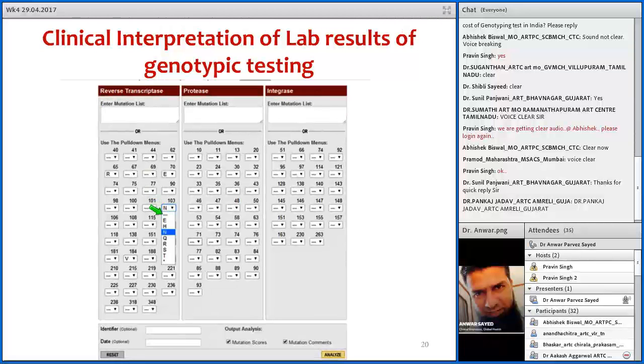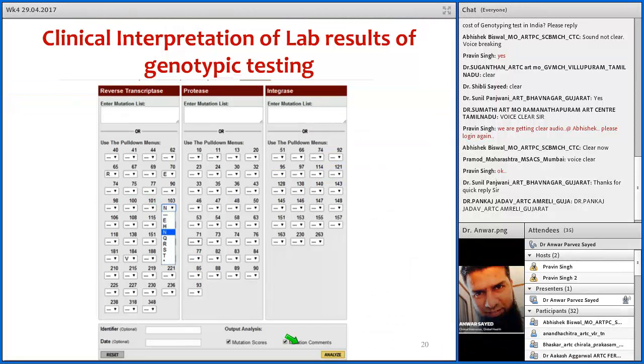If I click on this, it will give you options of multiple amino acids. There is a very common mutation for NNRTIs, especially nevirapine. It is K103N. That is, in place of K at the 103 position of the amino acid sequence, it has been replaced by amino acid N. So if you select this N, it will go here and then you click on analyze.